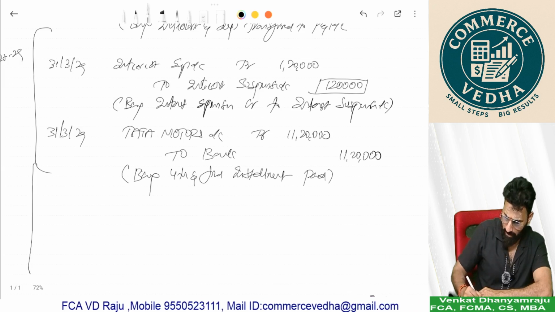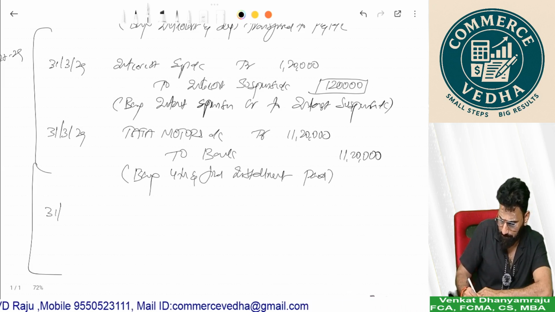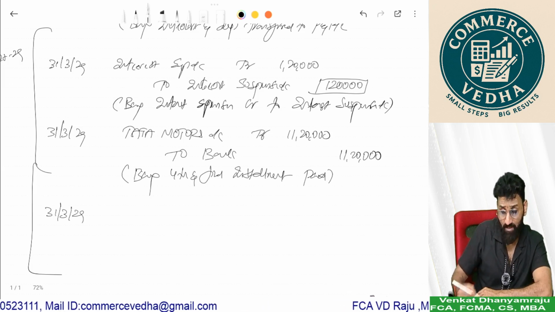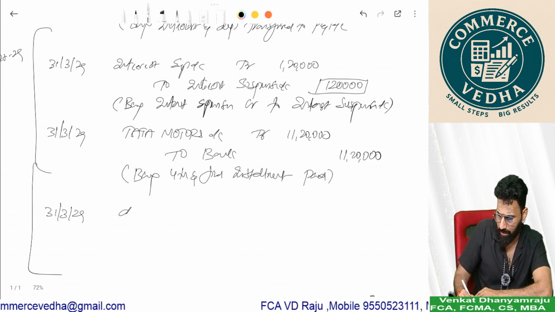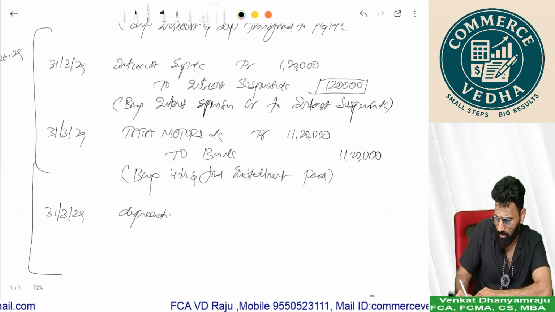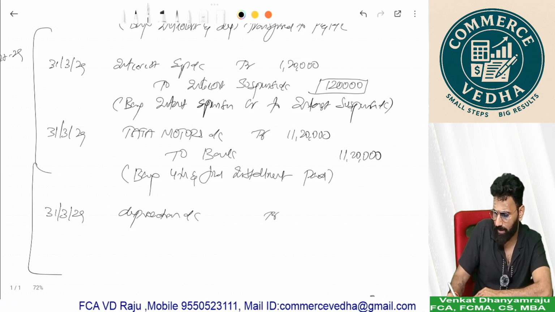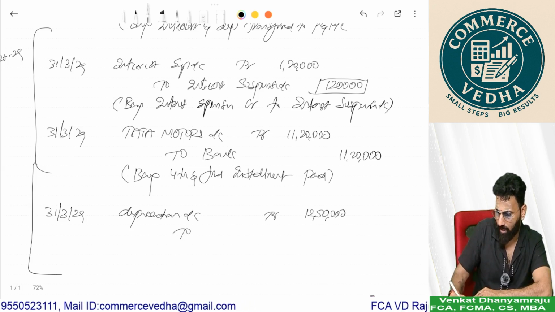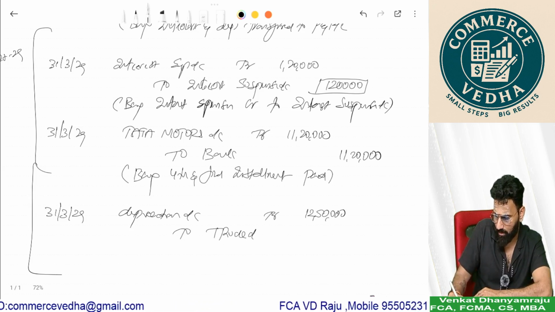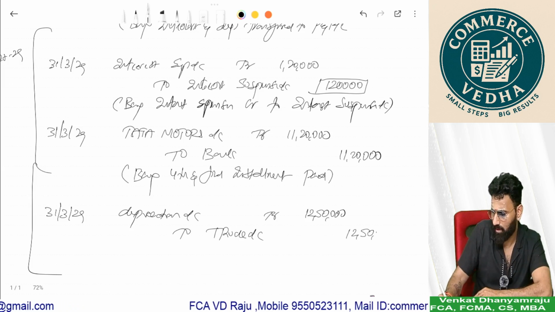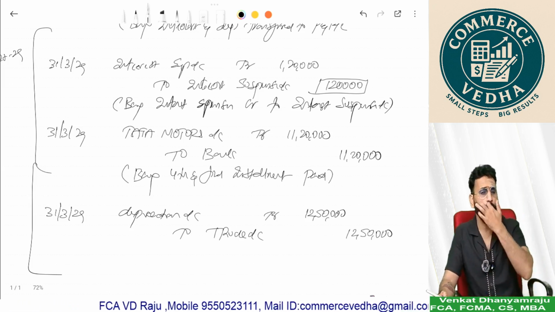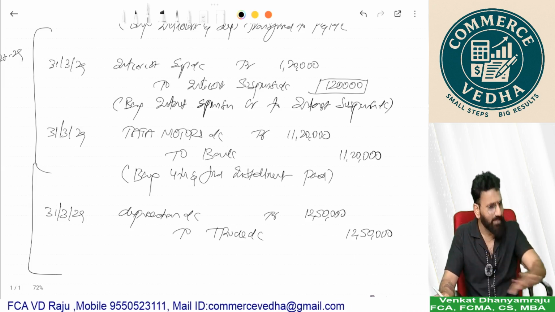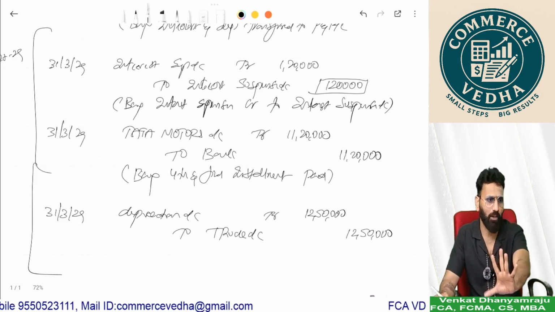Now the next thing is the same asset account, which is depreciation account debit 1250 to truck account. We assumed a life of only 4 years without any scrap value. 50 lakhs by 4, 1250.